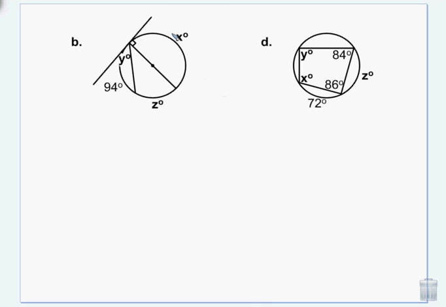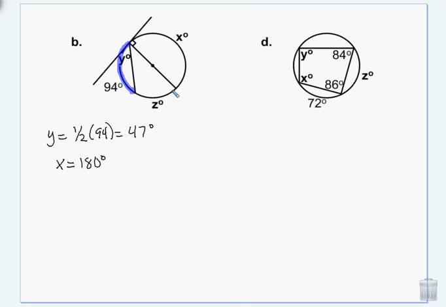Alright. We have our angle Y, which is going to be half of that arc length, which is 94. So Y is 1/2 of 94, which is 47. Okay. X is on a semicircle. So X is 180 degrees. And so now I know 94 and 180.